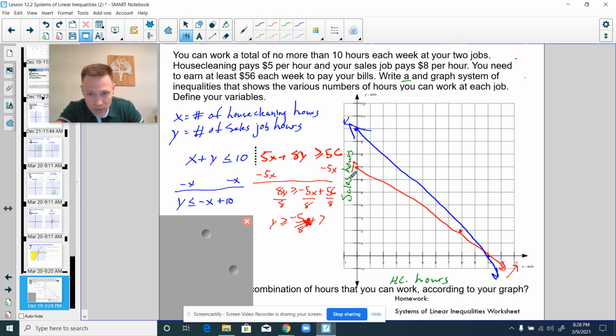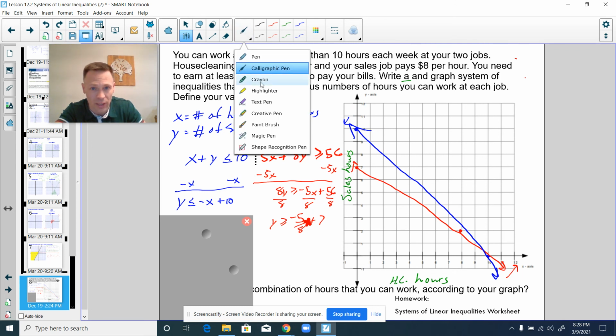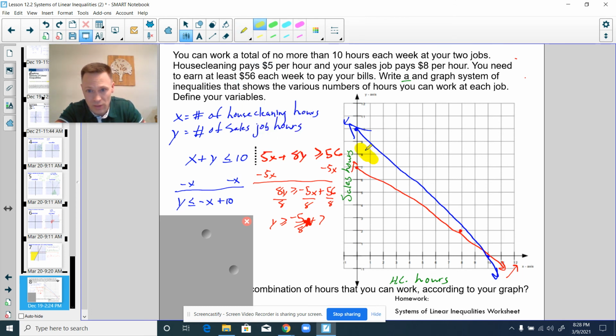So what that means is that my double shaded region, if I'm shading above the red line and below the blue line, exists, and I'll do it with a highlighter here, right in this area. Okay? And so that means every coordinate point in here represents the combination of hours that I can work at the different jobs to meet my goal, right?